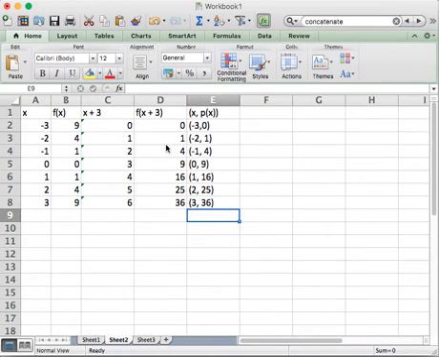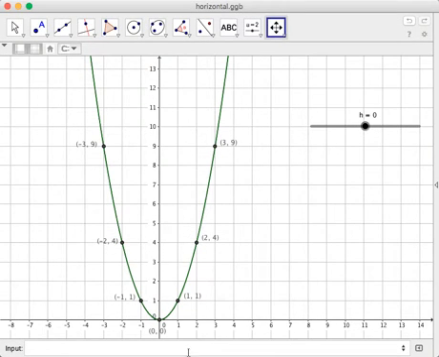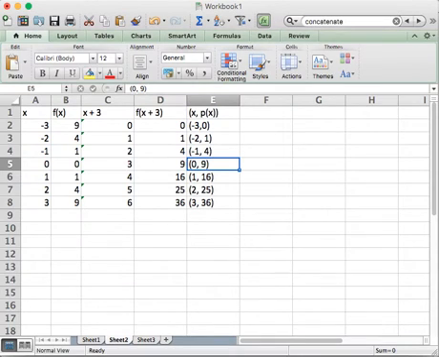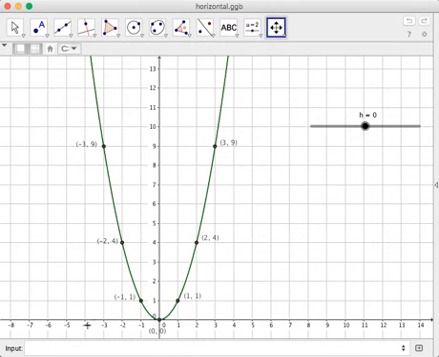Kasi nasa taas ito na 36, medyo mataas siya. So siguro we'll try to plot up to 9. So 3, 0, negative 3, 0, negative 2, 1, negative 1, 4. Plot natin yung mga points na yan. Negative 3, 0.